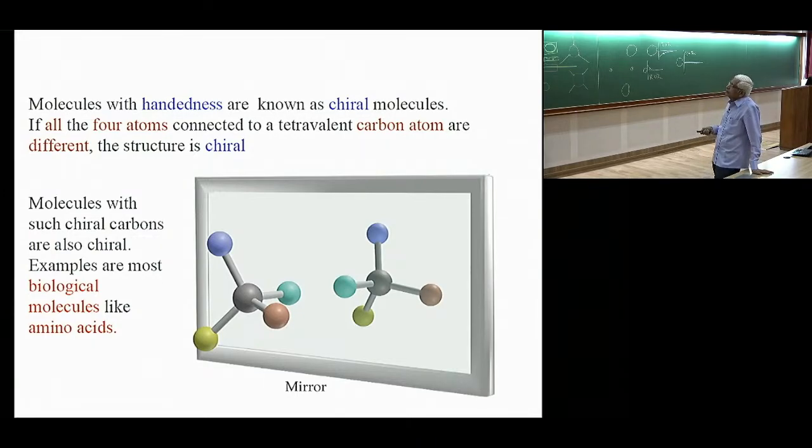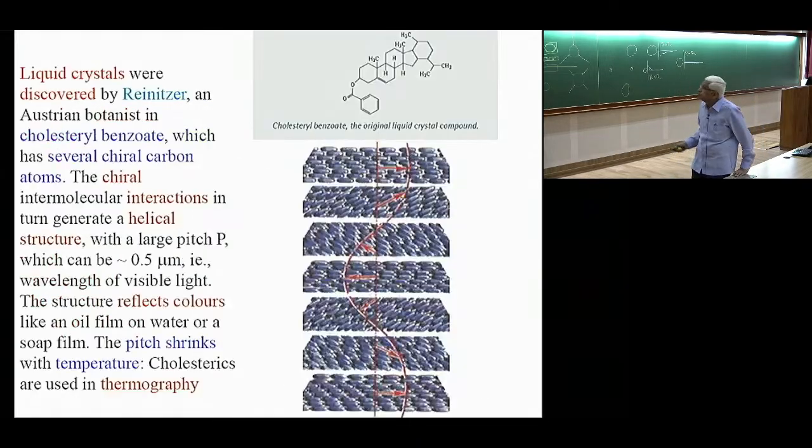So if you have such a carbon, then the molecule as a whole becomes chiral. Very good examples are any biological molecule for that matter. So once you have this, I'm quite sure you have seen such a picture before. The chiral interactions between molecules lead to a cholesteric liquid crystalline phase, which twists, and the pitch of this helical structure is of the order of wavelength of light.